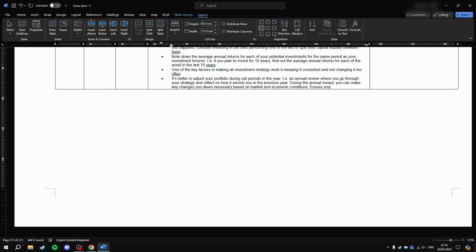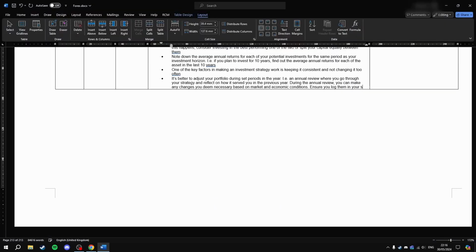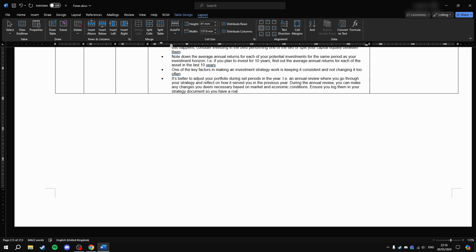Ensure you log them in your strategy document so you have a record of them.